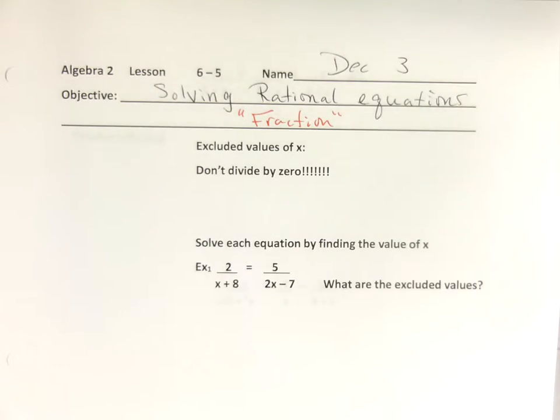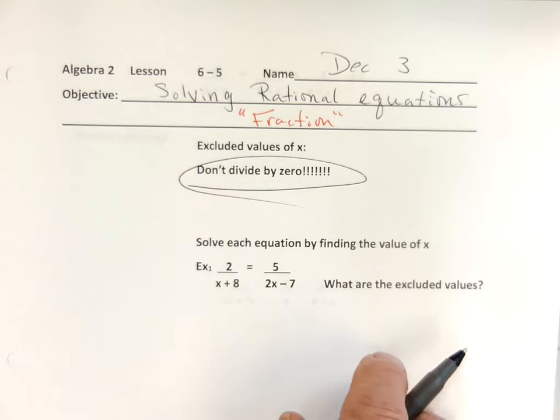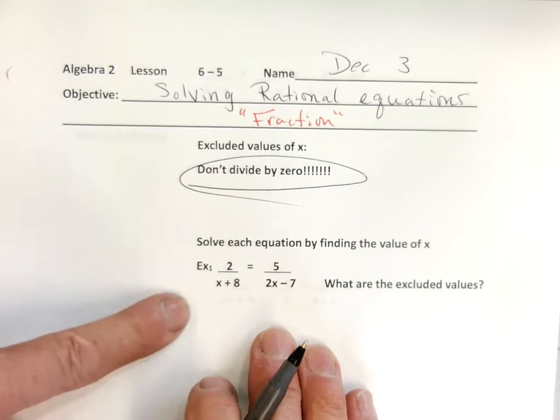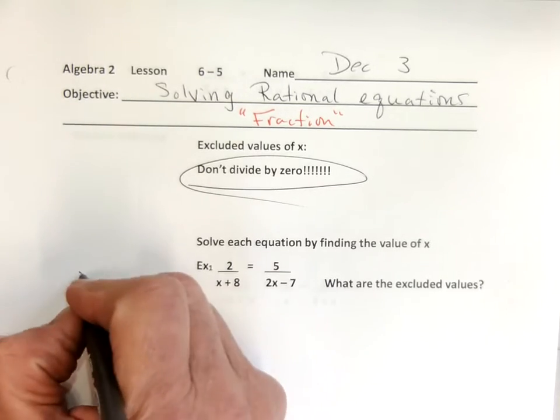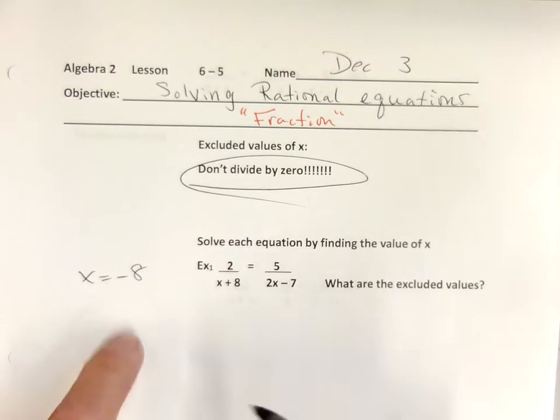Okay, so right off the bat, don't divide by 0. These are called the excluded values, which means x can have a value, but in example 1, if x equaled -8, and I don't know what the answer is yet, if x equaled -8, I'd have to throw it out.